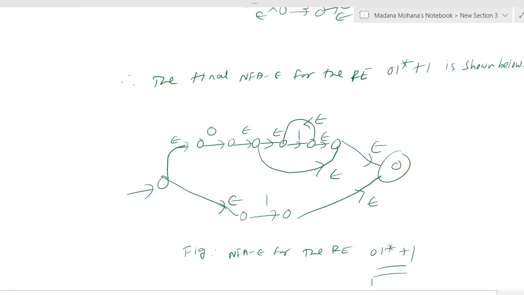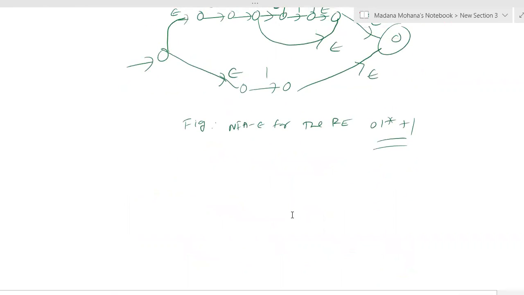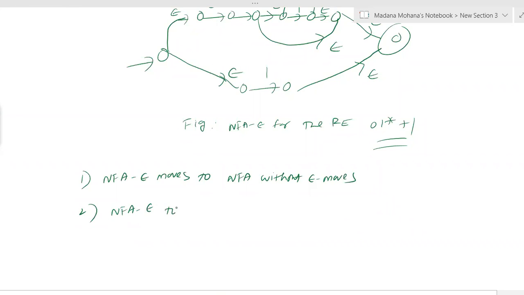Now from this we have the procedures. First, NFA with epsilon moves to NFA without epsilon moves, we have this procedure. Second one, NFA with epsilon to direct DFA, subset construction method.